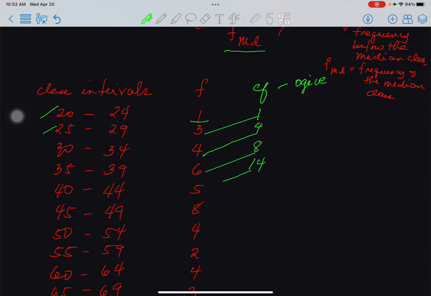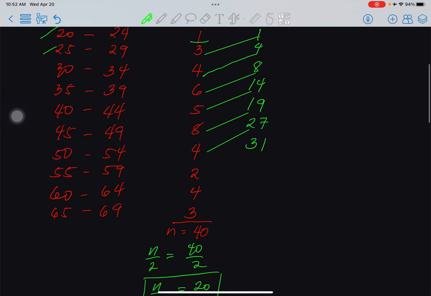Then 14 plus 5 is 19. Then 19 plus 8 is 27. Then 27 plus 4 is 31. Then 31 plus 2 is 33. Then 33 plus 4 is 37. Then 37 plus 3 is 40.